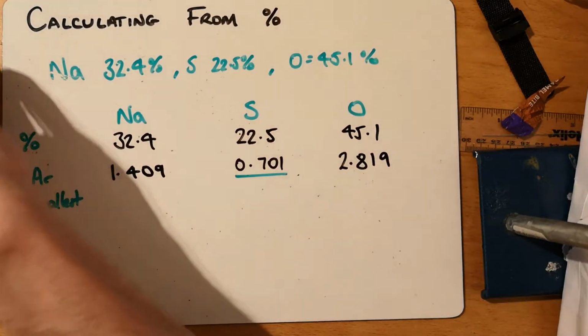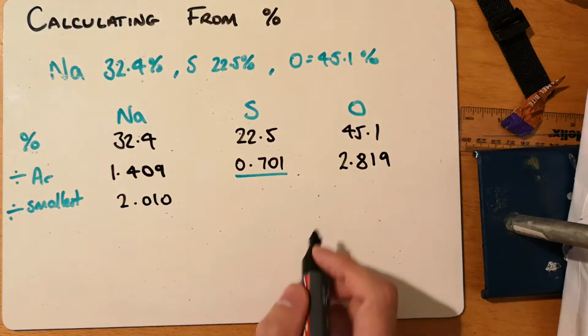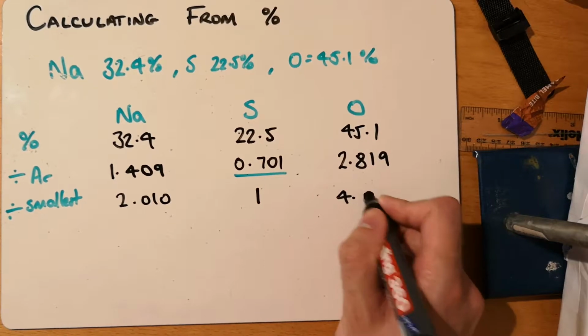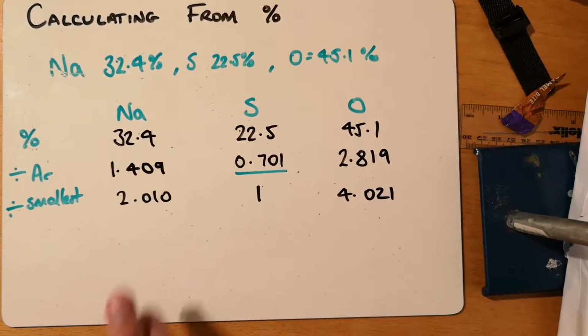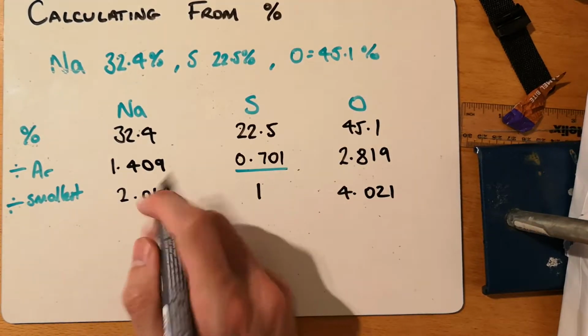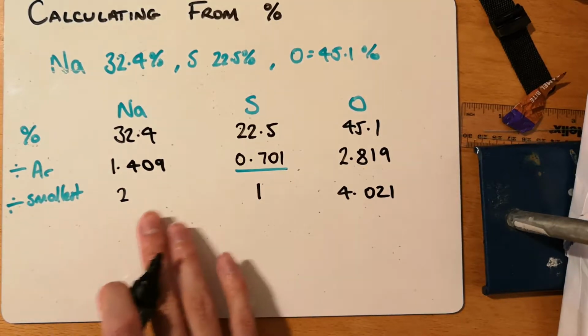So if I do that, I get my sodium at 2.010, my sulfur exactly 1, my oxygen at 4.021. Now what we can see is a number very, very close to 2. So close, I am just going to call this 2. I can ignore this now.